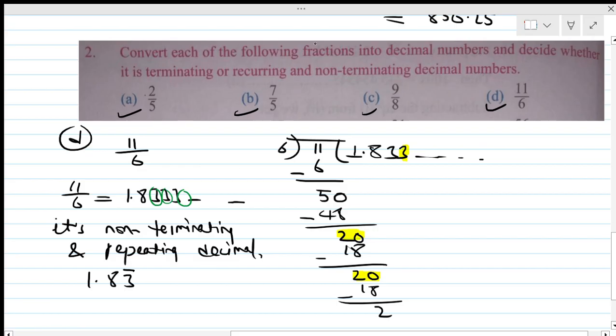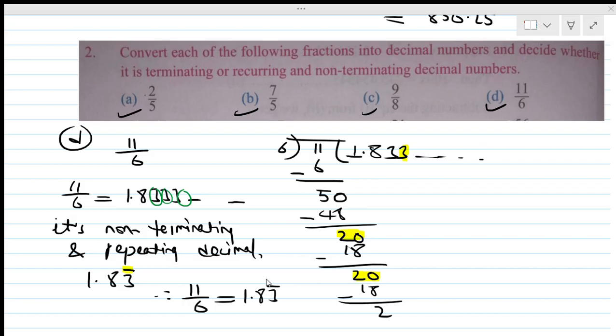What the bar shows is that digit, or those many digits, getting repeated. So here 3 is being repeated all the time continuously. Therefore 11 divided by 6 is equal to 1.83 bar. So above 3 is the bar, so 3 is getting repeated.